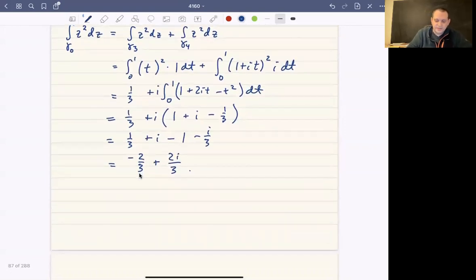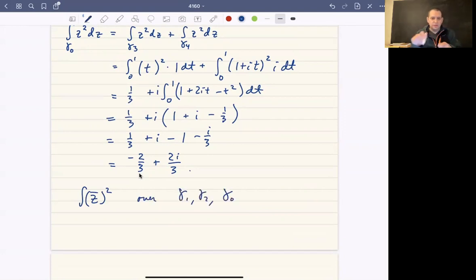And what the book does is the book actually uses these same three paths. But if you integrate z conjugate squared over these three paths, so over gamma 1, gamma 2, and then what I called gamma naught, which was the union, it turns out that you're going to get different values depending on what the function is.